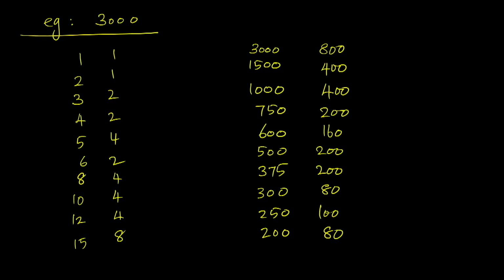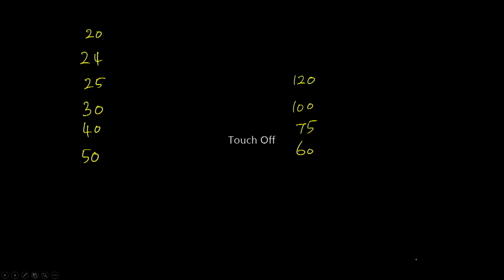The remaining factors would be 20, 24, 25, 30, 40, 50. 50 into 60 is 3000, 40 into 75, 30 into 100, 25 into 120, 24 into 125, 20 into 150.